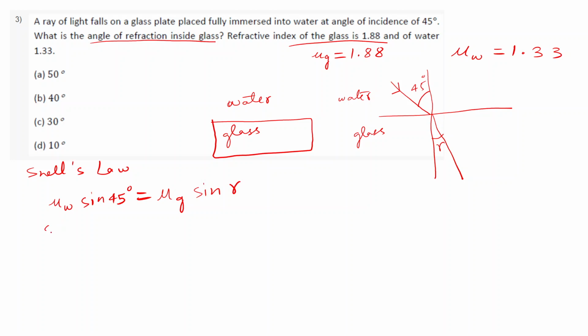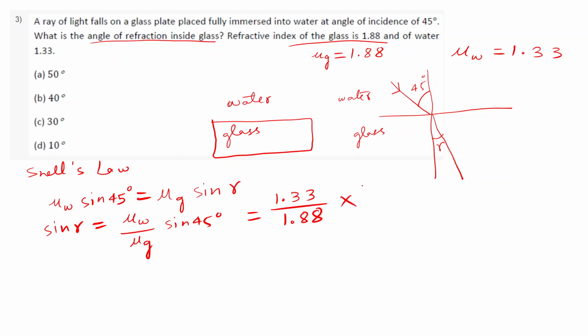So to find sine of R, it is the refractive index of water over the refractive index of glass times sine 45 degrees. The refractive index of water is 1.33, it's given, divided by the refractive index of glass, which is 1.88.